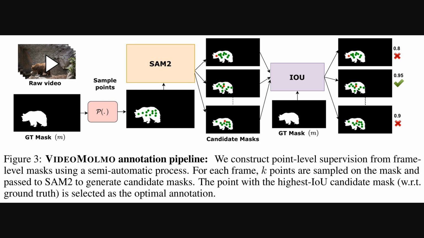Finally, they compare all these new candidate masks to the original ground truth using a metric called intersection over union, or IOU. Intersection over union is just a score that measures how much two shapes overlap. The point that generated the mask with the highest IOU score is then selected as the perfect training label. This process gives them the high-quality point data needed to train the model effectively.